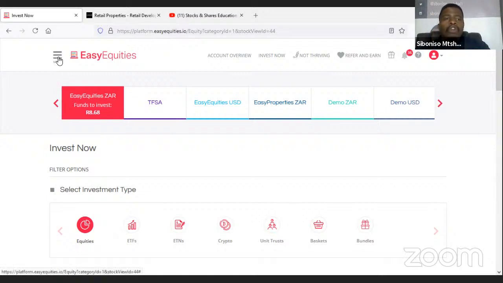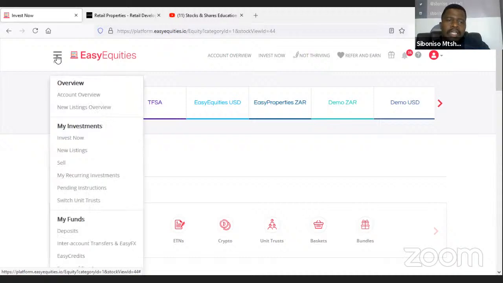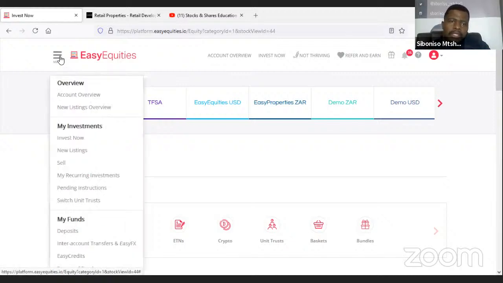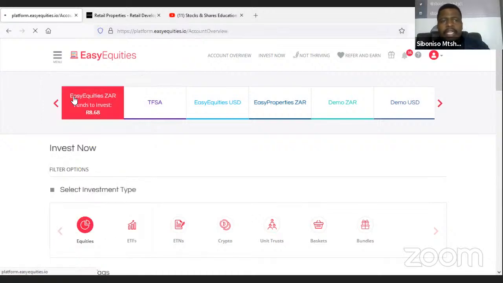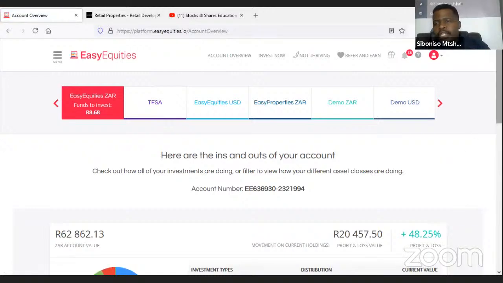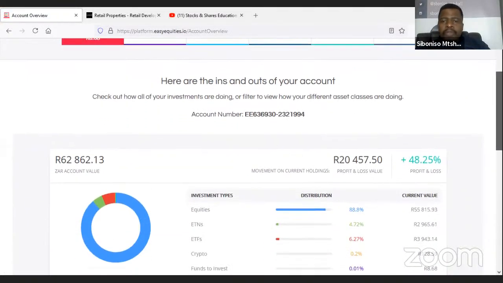All right, on top here, these three lines are actually a menu. When you click the drop-down list in the menu, you can see account overview. When you click account overview, you can see the performance of your shares.